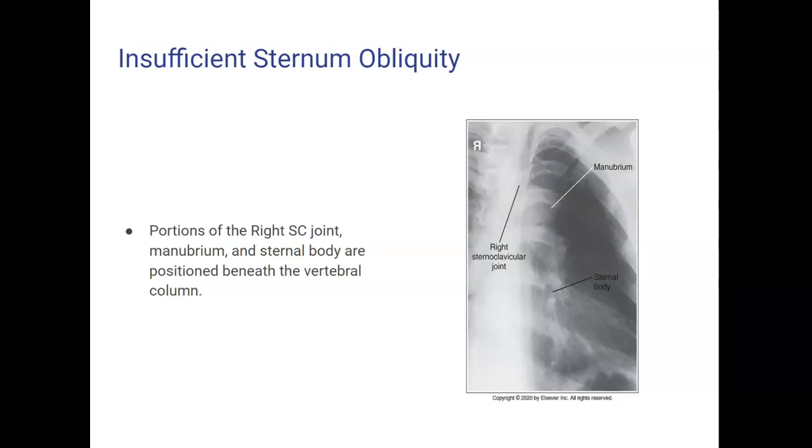So you should automatically know that once you see that right sternoclavicular end is still over top this vertebral column here. Here it is demonstrated, and your manubrium is right here. We are not sufficiently rotated, so you would want to increase your rotation to that 15 to 20 degree RAO position.